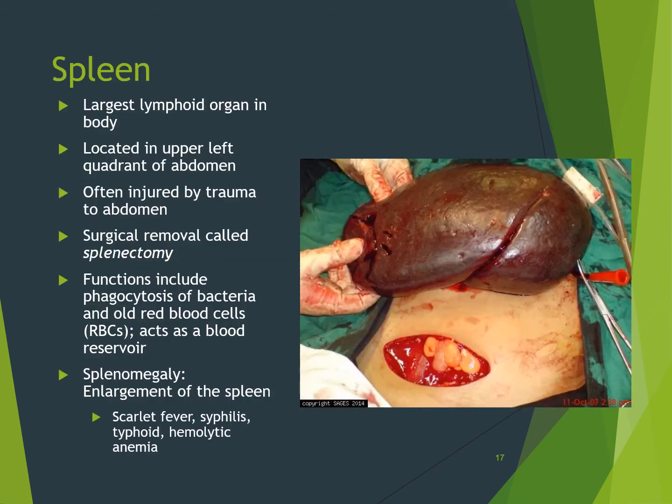The spleen is the largest lymphoid organ in our body, and it is located in the left upper quadrant right under the ribs. The ribs kind of help protect it. However, it is a pretty common injury in motor vehicle accidents.